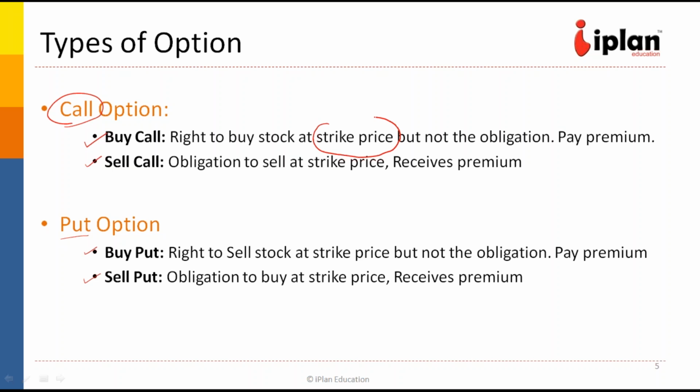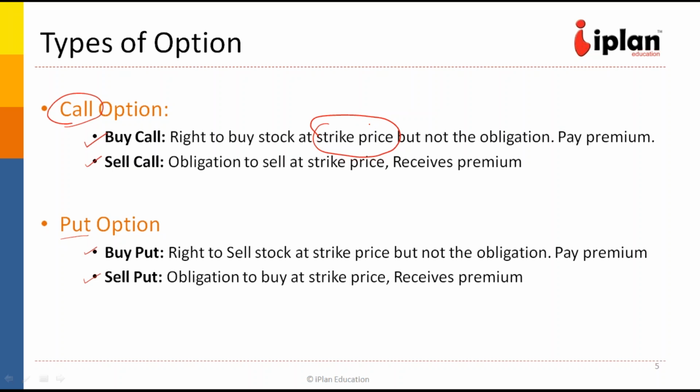What do we mean by strike price? This is the agreed price between you and the seller. This is the contract price. In options, you can have your price set, and you may find a seller who is interested in selling at that price.